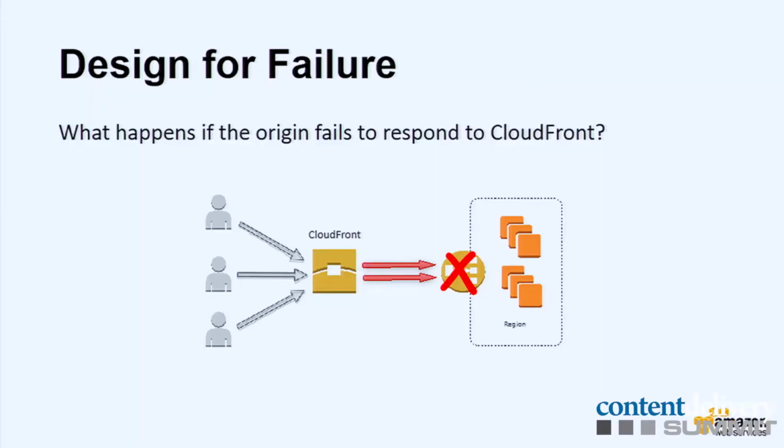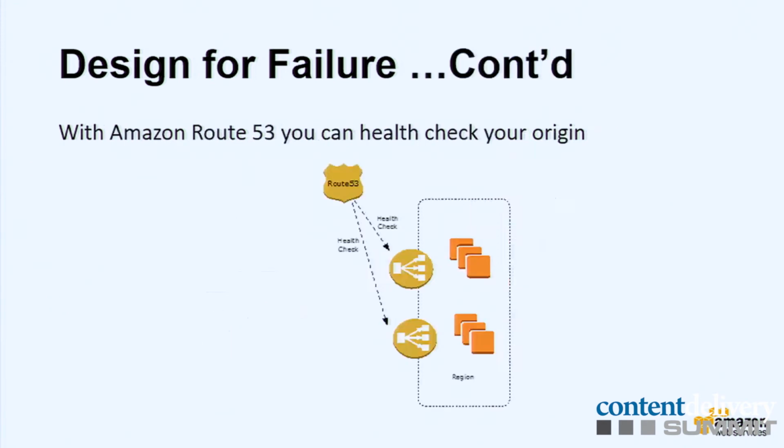Also think about how you can design for failure. There are options available if your origin server is unavailable. In this case, CloudFront is trying to access an elastic load balancer with some EC2 instances running your application, but if for whatever reason that origin is unavailable, you can use Amazon Route 53, an authoritative DNS service that AWS provides.